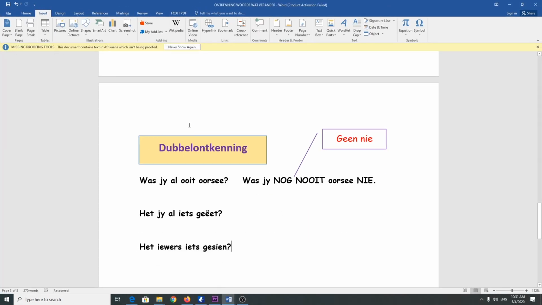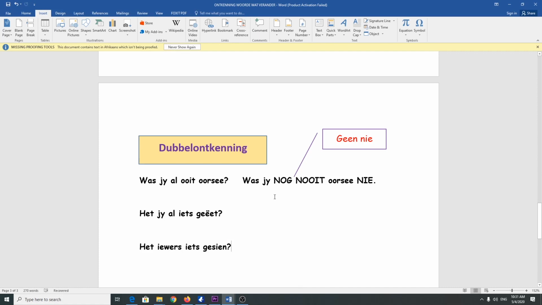Now we come to the third section, and that is dubbel ontkenning. Dubbel ontkenning is when there are two word changes in one sentence. So here you can see al ooit, al iets, iewers iets. Those are three examples.